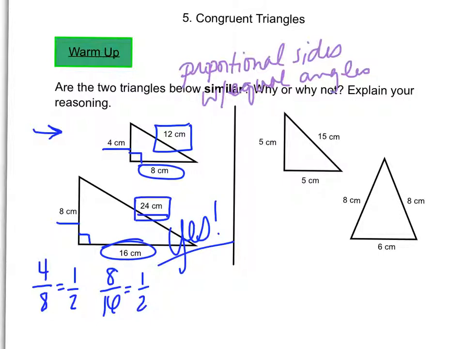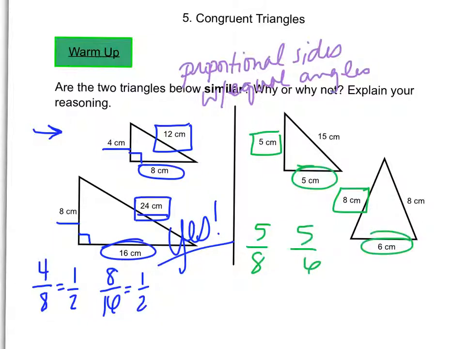Looking at our other two triangles, are these similar? Why or why not? Let's see if they're proportional. 5 over 8, okay, that's simplified. Next sides are 5 over 6. These are not equal proportions, and we also know they're not similar because right here we have a right angle, and in this triangle, none of our angles are right angles.